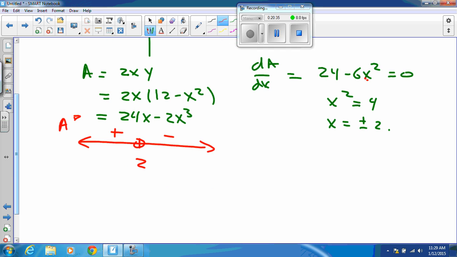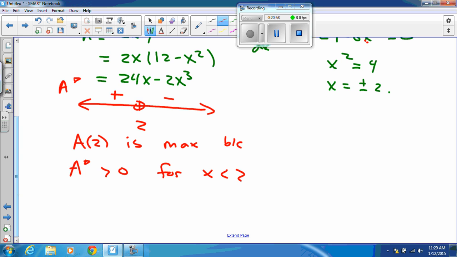And now I'm ready to argue that this is a max or a min? Max. All right, make the argument for me. A of 2 is a max. Exactly so.